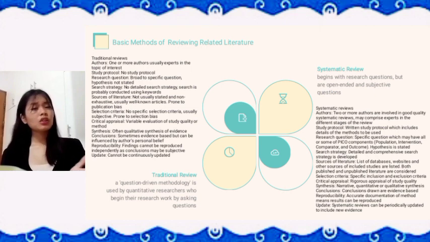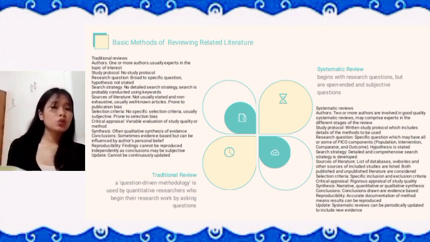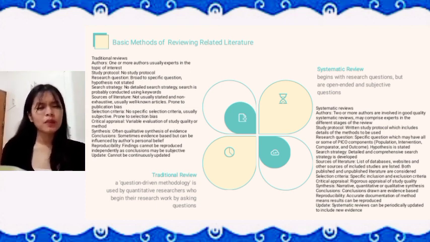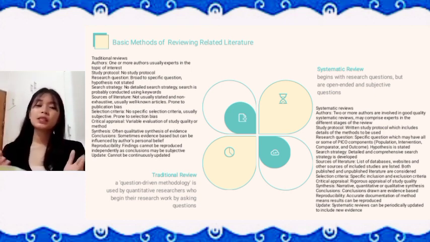Traditional review, a question-driven methodology, is used by quantitative researchers who begin their research work by asking various questions: one big question that states the main problem of the research and a set of sub-questions that deal with specific aspects of the research.